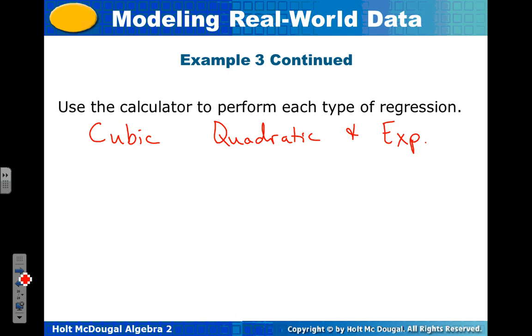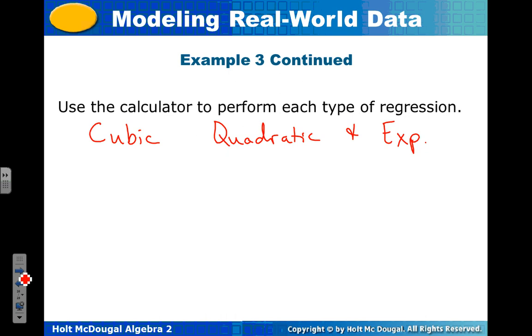You hit stat, go over to calc, and go down to number 6, which is cubic regression. Hit enter, go down to calculate, hit enter. Write down that equation and write down the r squared value. Write down the whole r squared value because you're going to have to compare them all.